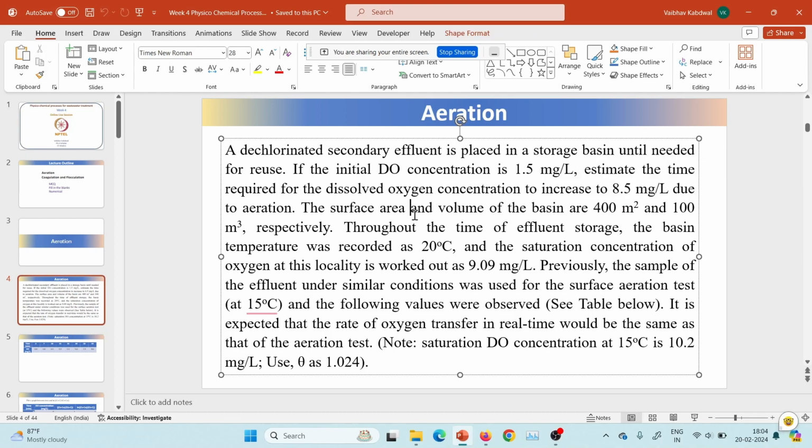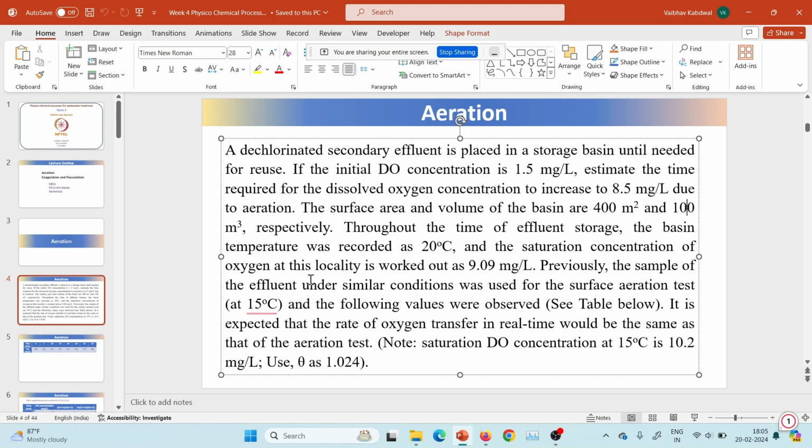The surface area and volume of the basin are 400 meter square and 100 meter cube respectively. Throughout the time of the effluent storage, the basin temperature was recorded as 20 degrees Celsius, and the saturation concentration of oxygen at this locality is worked out as 9.09 milligram per liter. This is at 20 degrees Celsius.